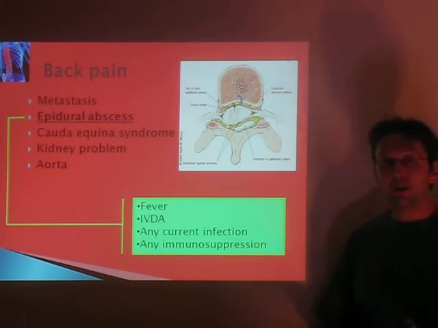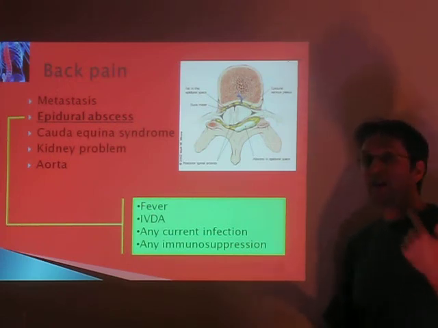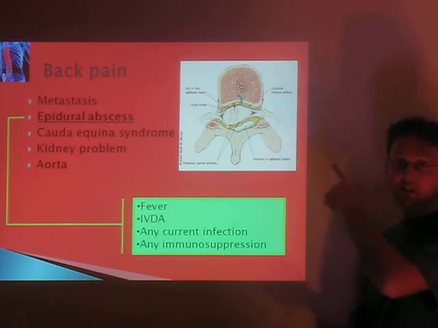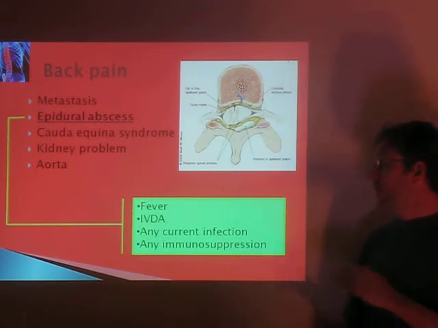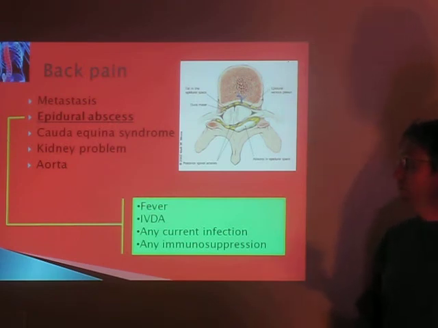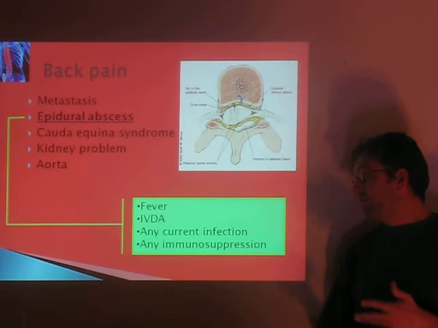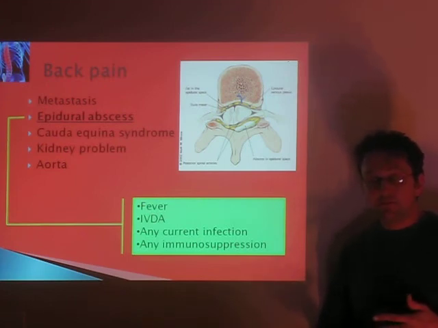Or if they're immunosuppressed for some reason, if they have HIV, diabetes, anything like that that makes their immune system not work well, their chance of this is much higher. So you need to document no fever, no drug abuse, no infections at this time, and if there is any immunosuppression history, it should be on the chart.